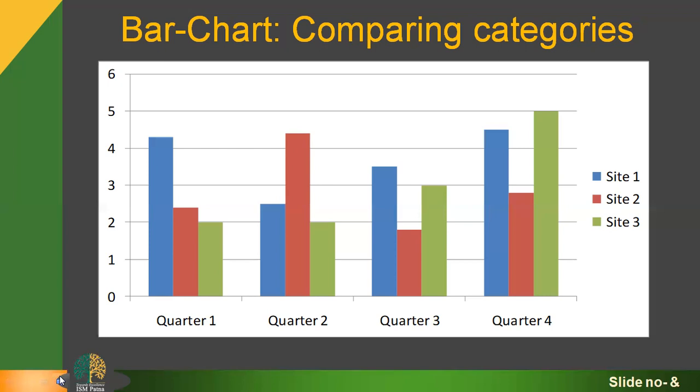Then in the third quarter site 1 again raises the sale, and site 2 comes down to the bottom, and site 3 has enhanced the sale, and accordingly in quarter 4. So these visualizations help the manager to understand the things being said inside it very quickly. Okay.